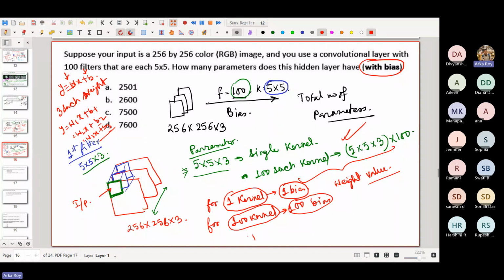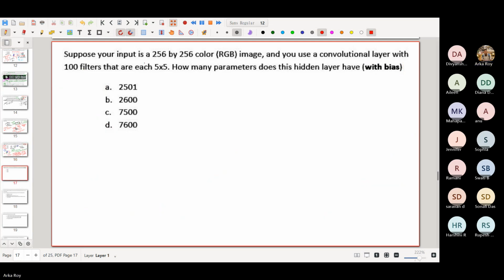And we know that total parameter is equal to total weight plus total bias, right? So if I add one more page over here, total weight plus total bias is equal to total parameters.